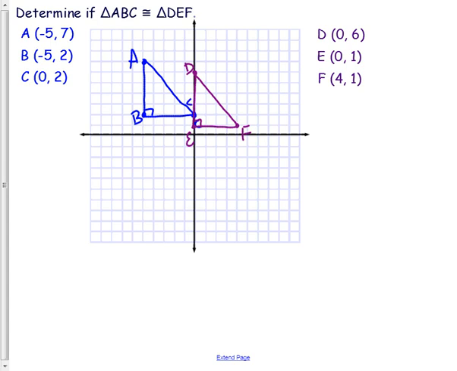Right, next, I've got the two triangles plotted. Next, I am going to count the sides. I have some verticals and horizontals, so I go 1, 2, 3, 4, 5.